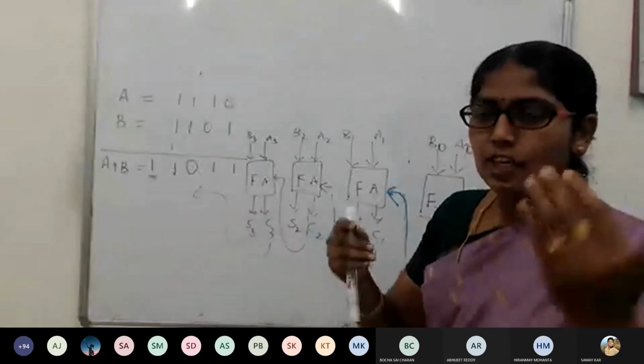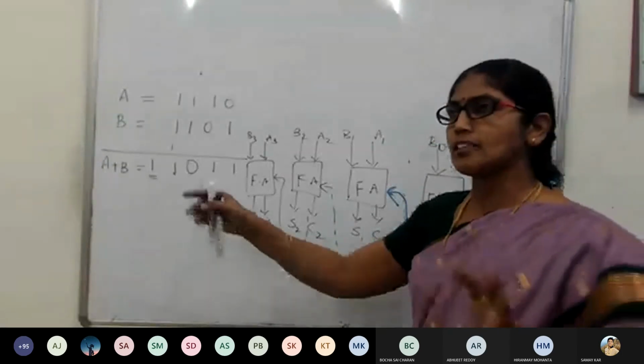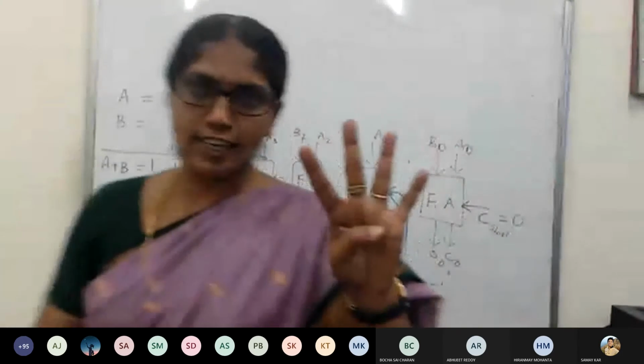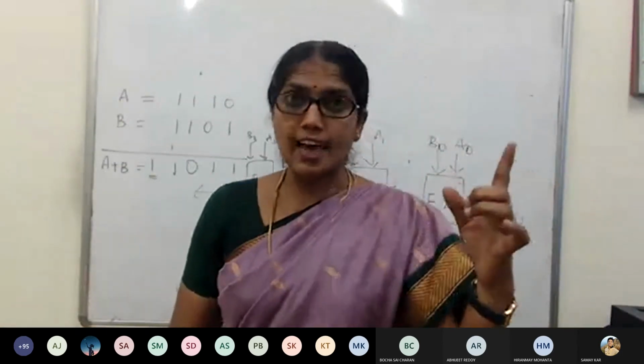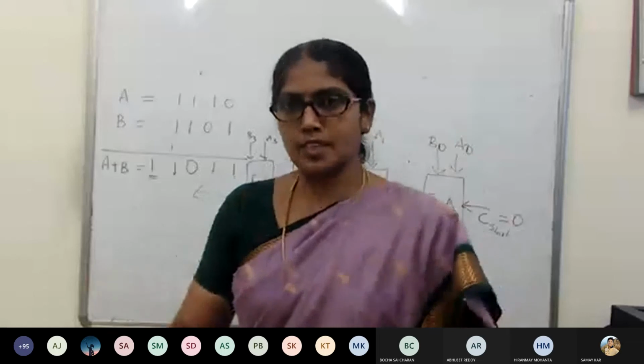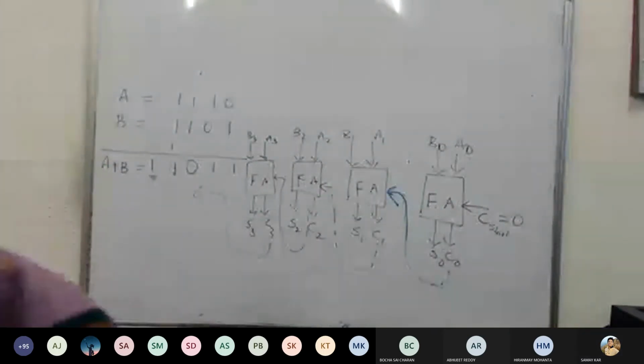So I have the capacity to collect only the summations, and towards the end, I will get one extra. If the IC has 4 full adders, I can collect the last carry and all the sums. Is that correct? Yes, ma'am.